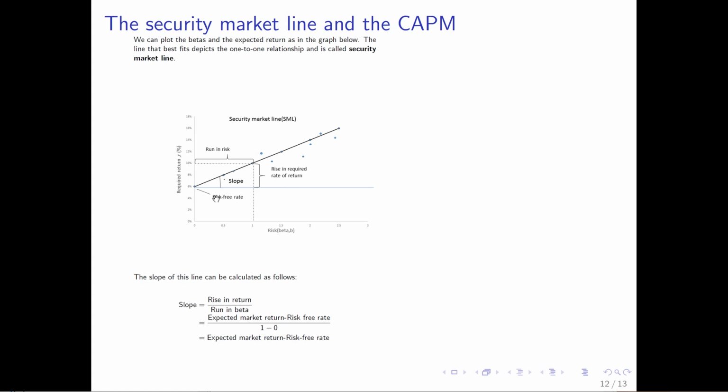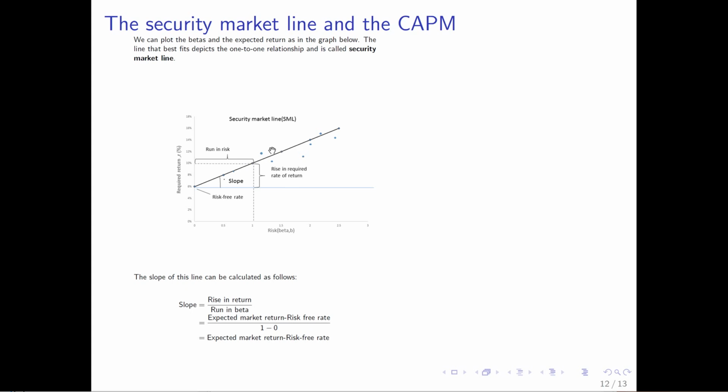So we can plot the required rates of return on all the assets against their risk. The line that best fits all those dots will tell you the relationship between required rate of return and risk. Sometimes some dots are not on this line.